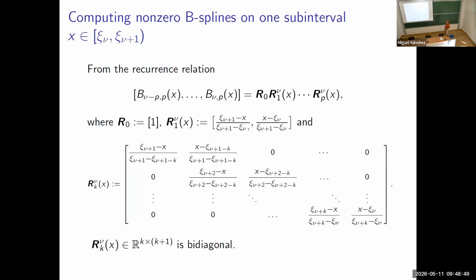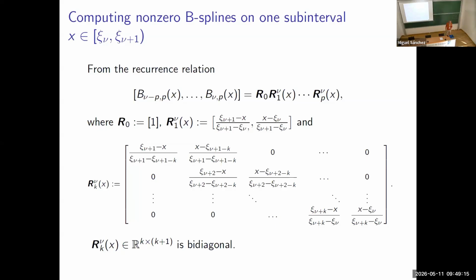In general, for any k, you get R_k, a k by k plus 1 matrix, whose values come from the recurrence relation.